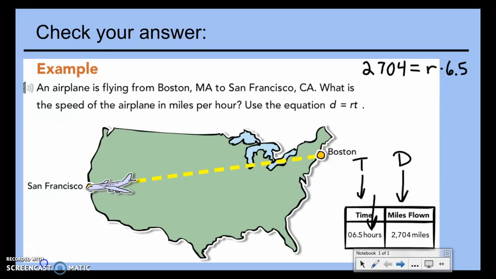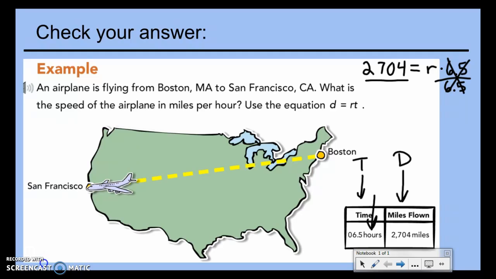6.5. Now, whenever we have a variable and a number side by side, we have to get that variable by itself by taking out that number. So we use the opposite operation. Since you're multiplying your R and your 6.5 together, in order to undo it, you would divide by 6.5.